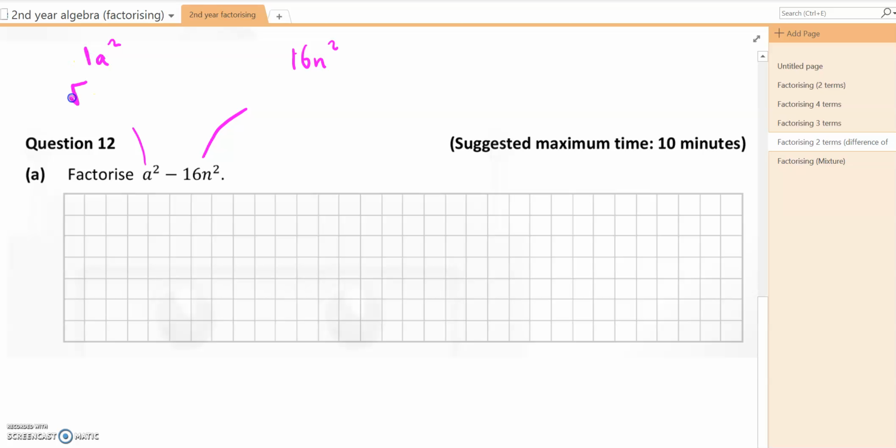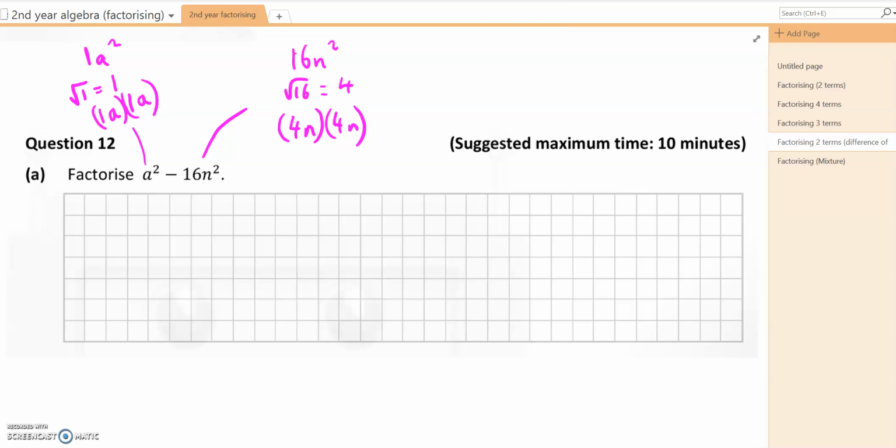So what's the square root of 1? It's just 1. So the roots of 1a squared would be 1a by 1a. And the roots of 16n squared? Well, what's the square root of 16? It's 4. So the roots of 16n squared would be 4n by 4n.